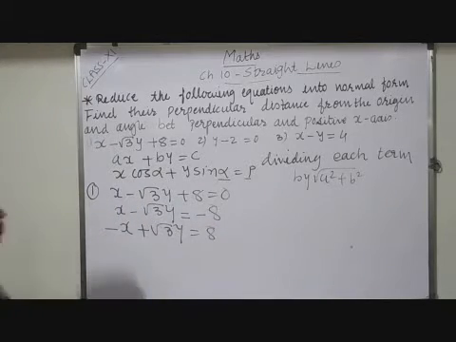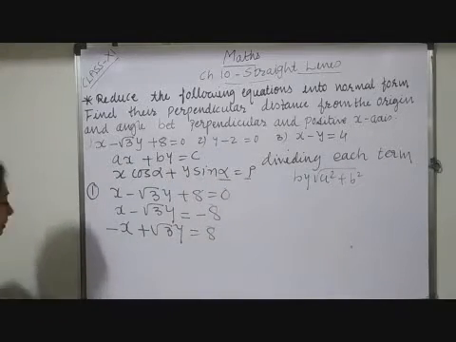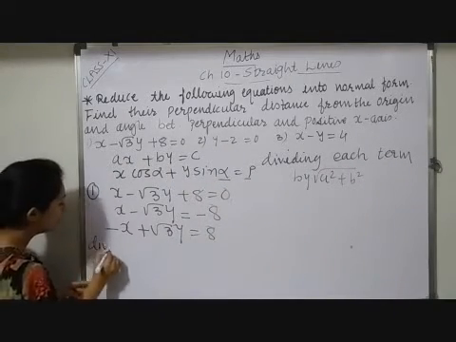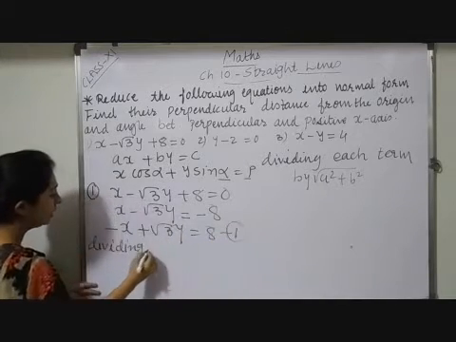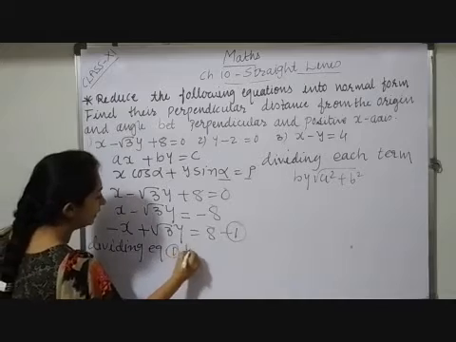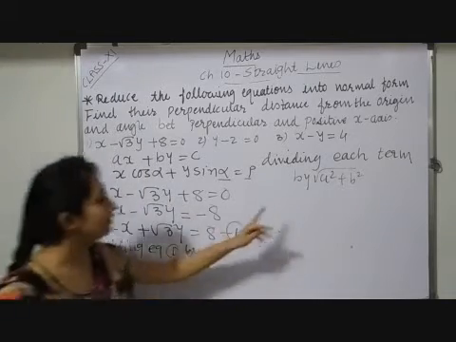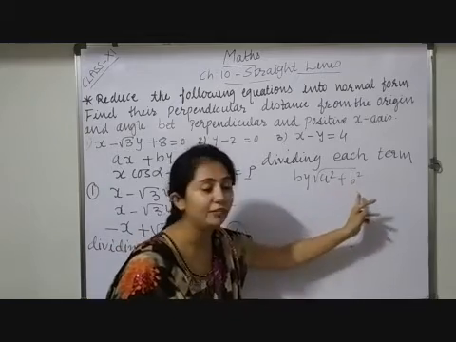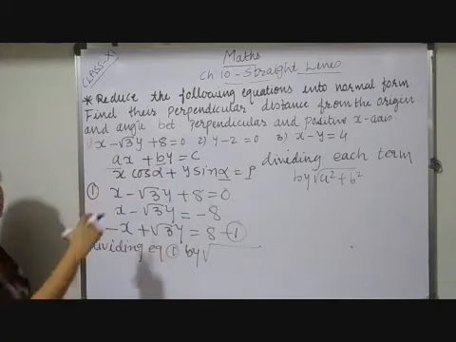Now what we have to do? Divide each term by under root of a square plus b square. Let me consider this equation number 1. So dividing equation number 1 by under root of the coefficients, where a means the coefficient of x and b means the coefficient of y.